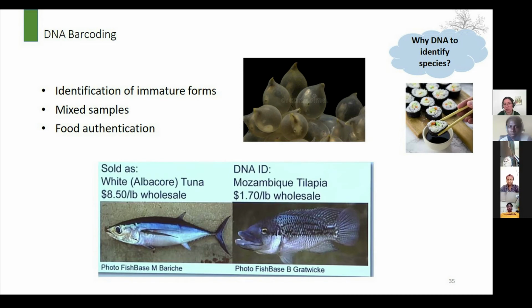And also, for example, for mixed tea samples, sometimes we drink tea and we think, okay, I'm drinking jasmine tea, but actually maybe there are some other plants inside. So this method can be used for food authentication. So we are really drinking what we think we are consuming, right? So that's also very important.